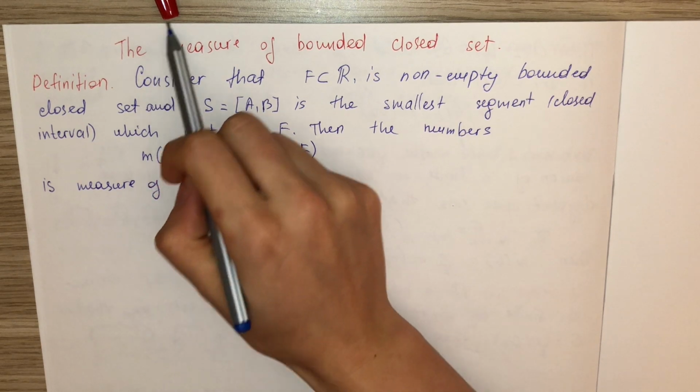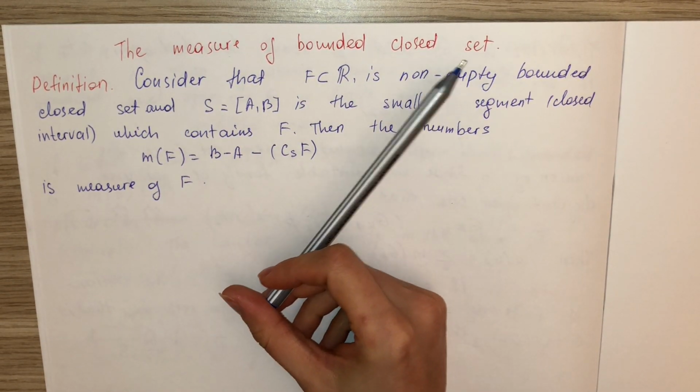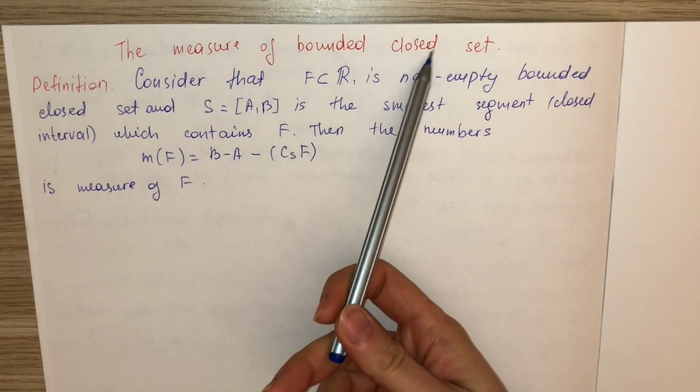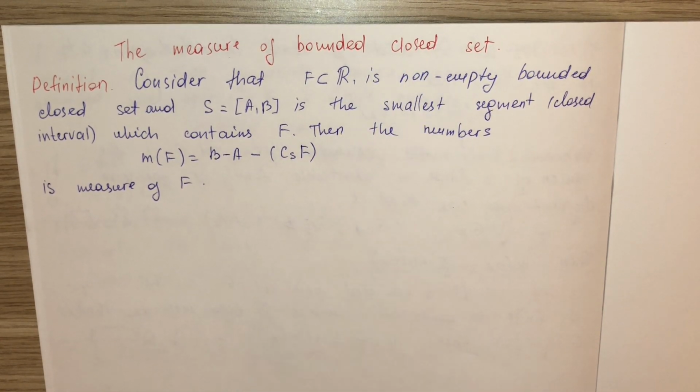Now we will start to learn the measure of bounded closed set. We have learned the measure of bounded open set. Now let's try it in closed set.